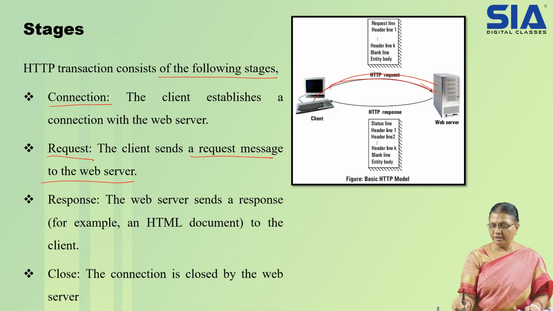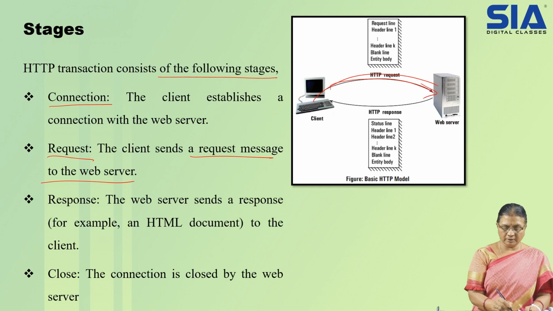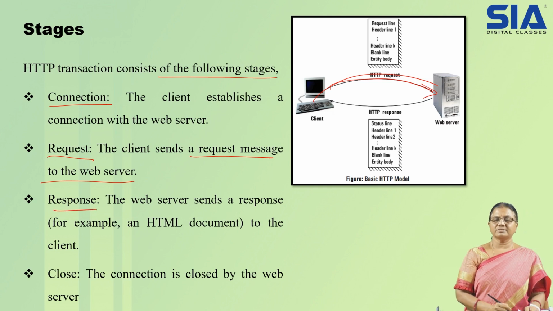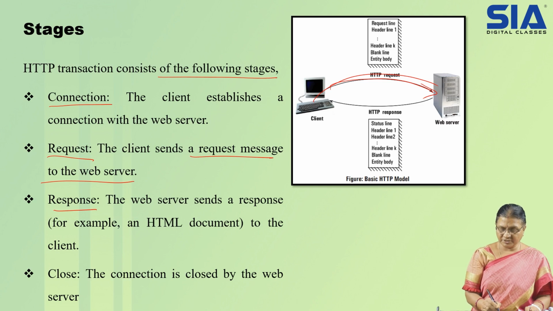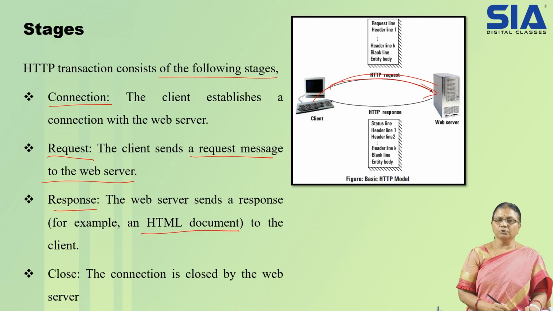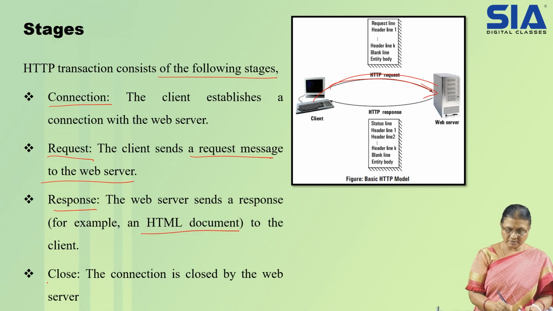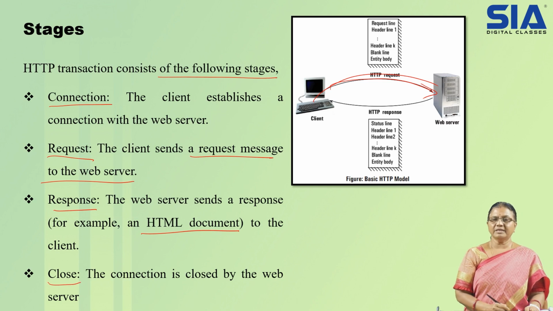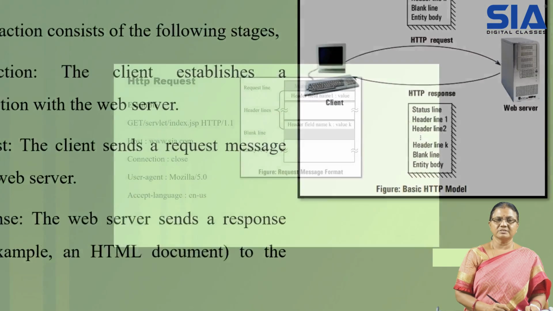Then the response, the next stage: the web server sends a response, for example an HTML document, to the client. The next stage is close: the connection is closed by the web server. So these are the stages.